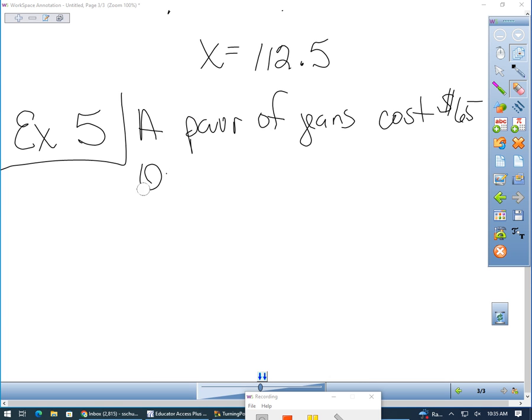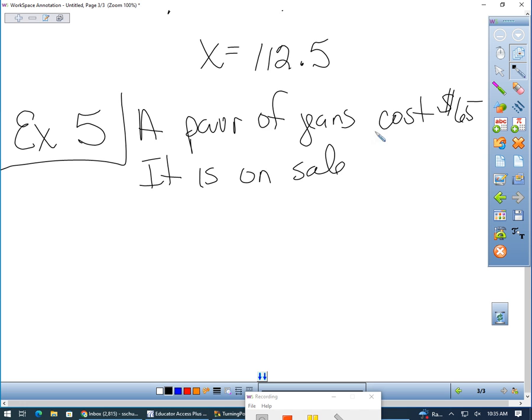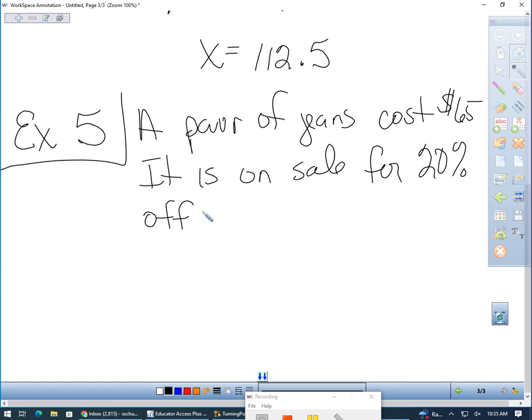It is on sale for 20% off. What is the sale price?